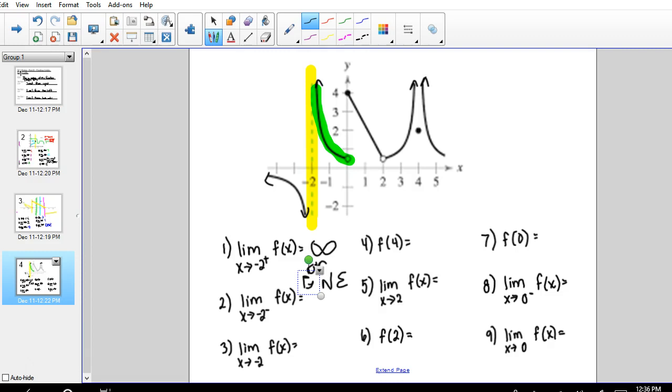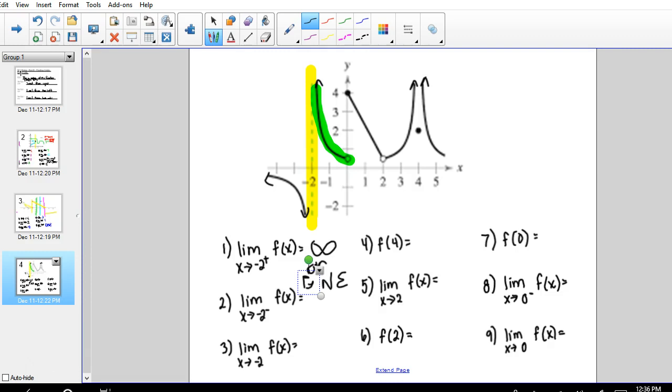If you have a limit of infinity, that's like going down the road and seeing a speed limit sign that says speed limit infinity, right? It's not really a limit. So you might see either one of these, but I think they'd probably do the more specific positive infinity there.